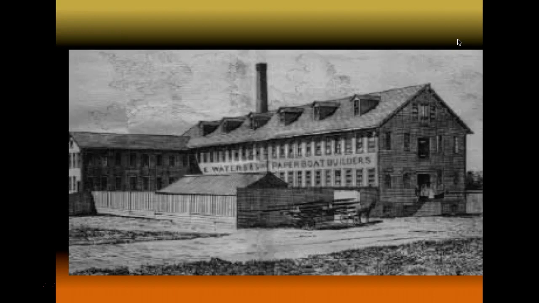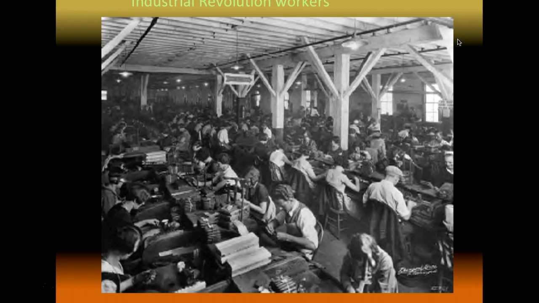You want a hot shower? Yeah, that's $5, mister. So it's a very hard situation for these workers in this way as well. So maybe a few more images of Industrial Revolution workers.